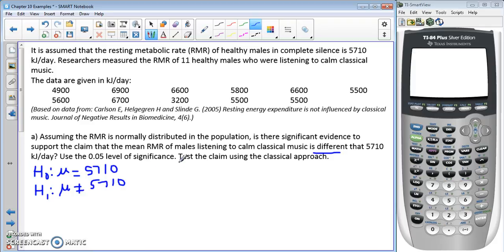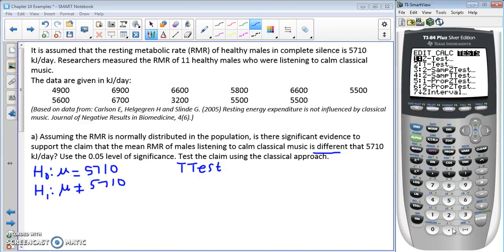So we're going to do a t-test, because we're working with a mean, and we don't know the population standard deviation. So we're going to do stat, test, t-test, but we have data this time, so we're going to do our input as data.